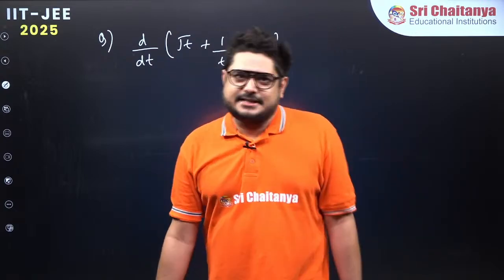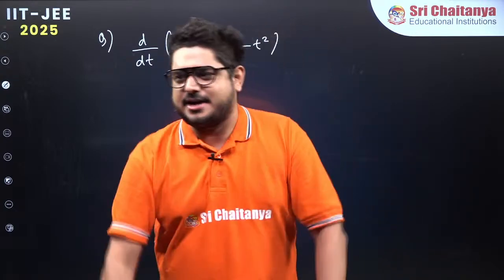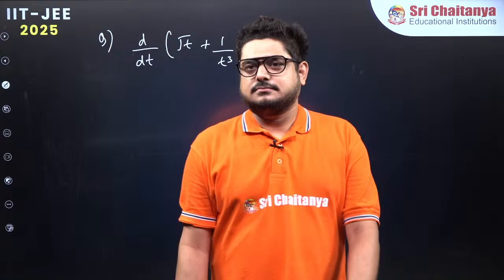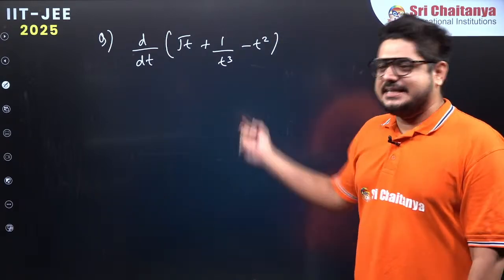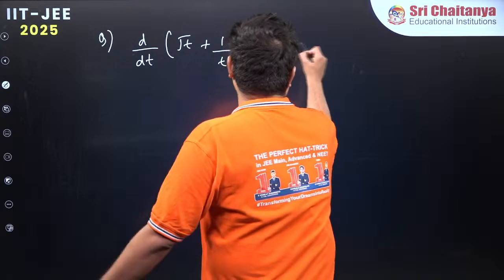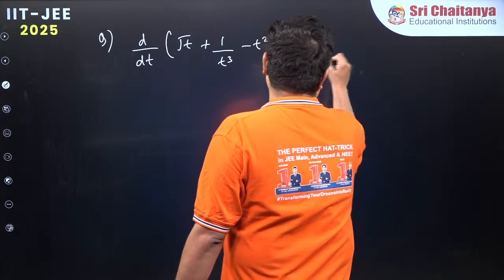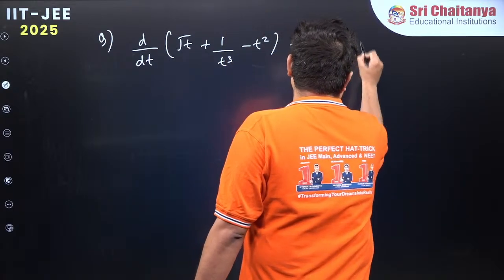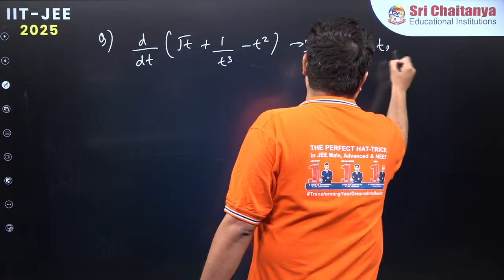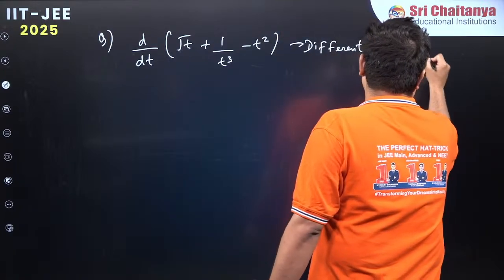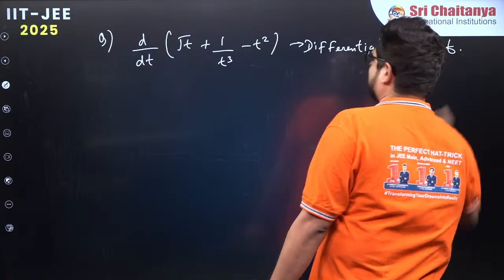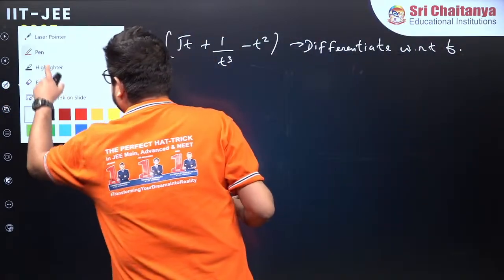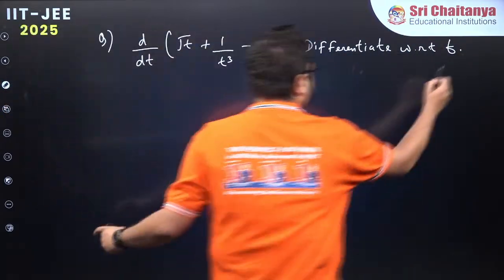If you can solve this, I want an answer from you guys. I hope the question is clear. This time you need to differentiate with respect to x. Nope. This time you need to differentiate with respect to t. This time the variable got changed, my friends.